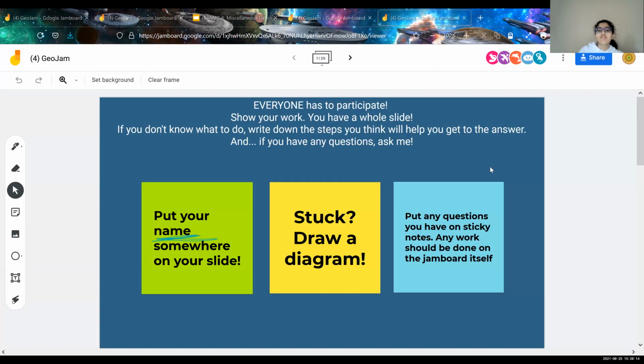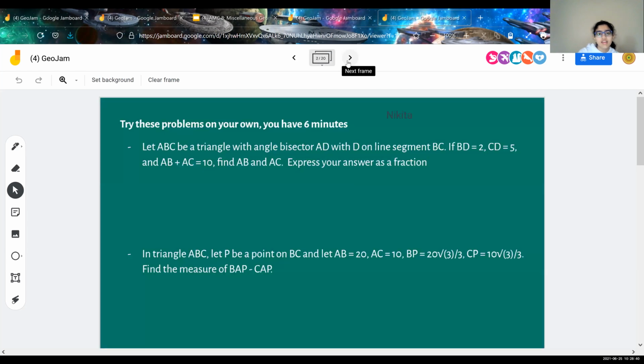You should be doing your answers using the pen over here. However, you should be putting any questions or anything that is not your work on a sticky note, so that whenever I look at your slide, I know this is something I need to answer, or this is something that's important. Are you guys able to edit it now? Again, reload the page if it's not.